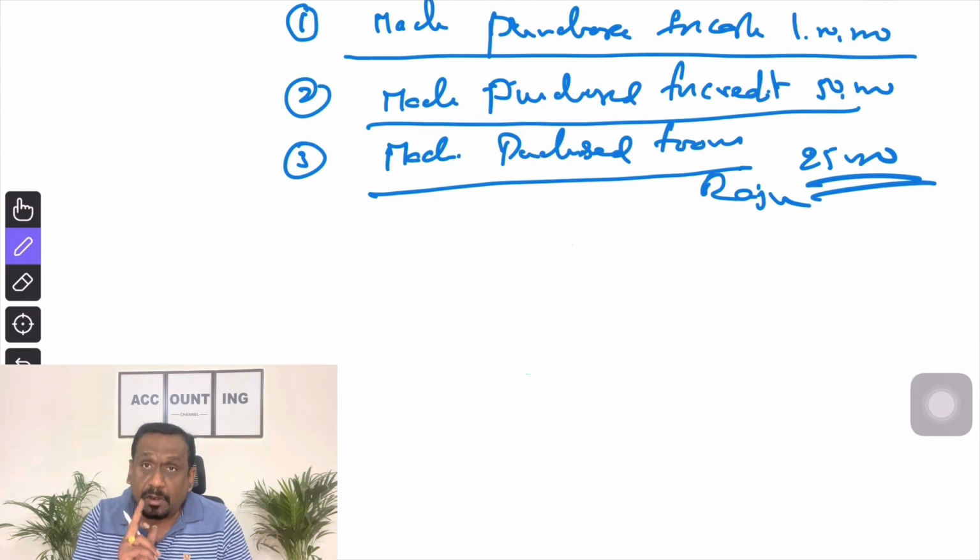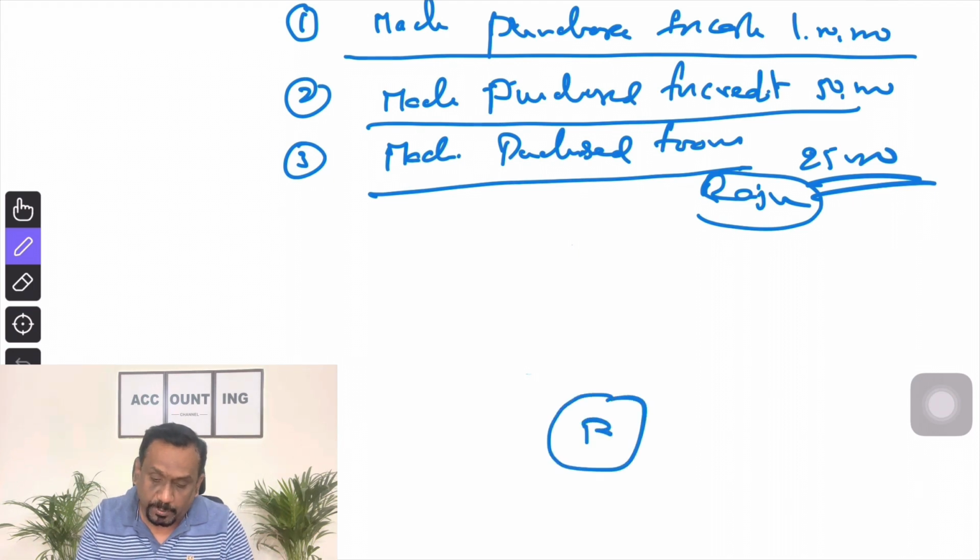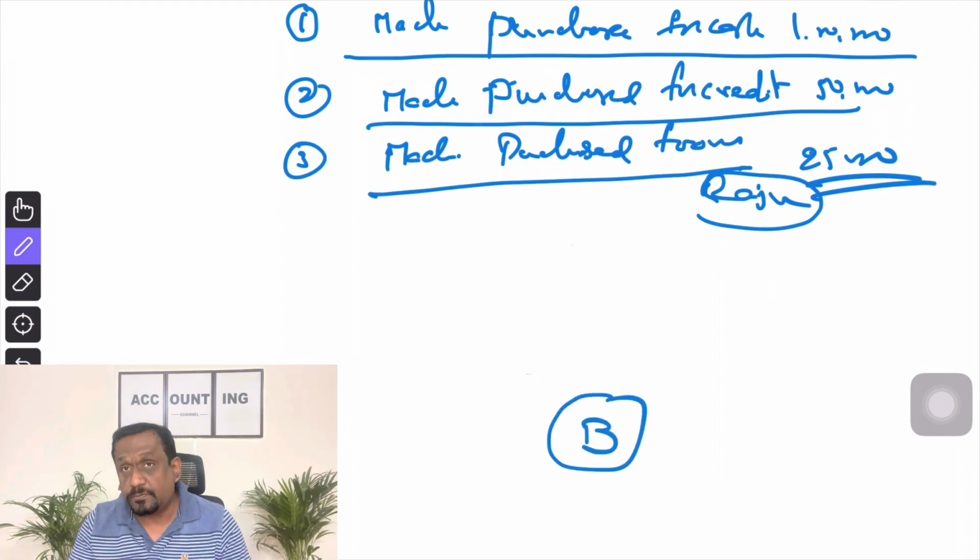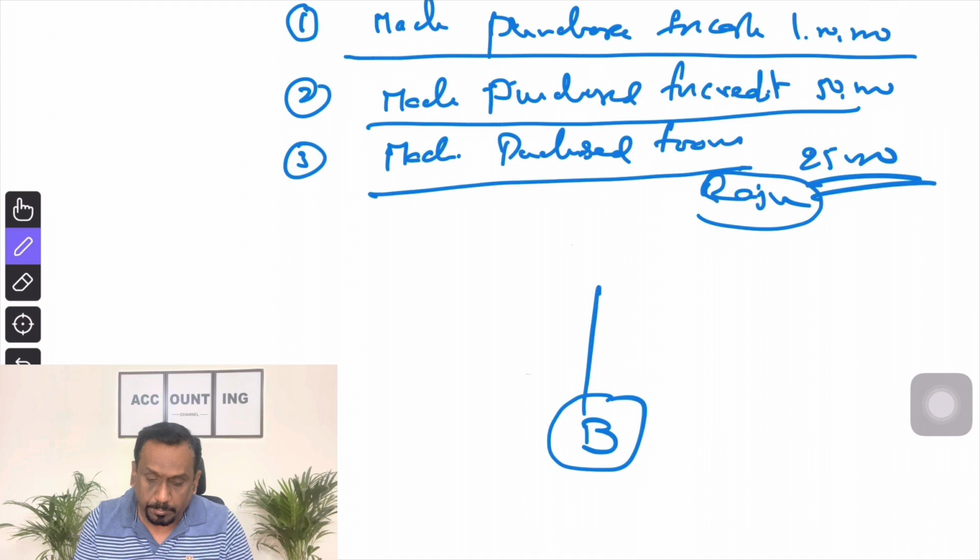Since cash or bank is not mentioned in the transaction, and a name is given, you need to consider this transaction as a credit transaction. Clear? Now, again, from the business point of view, two questions. What is the first question? What comes in? When I purchase machinery from Raju, machinery comes in.